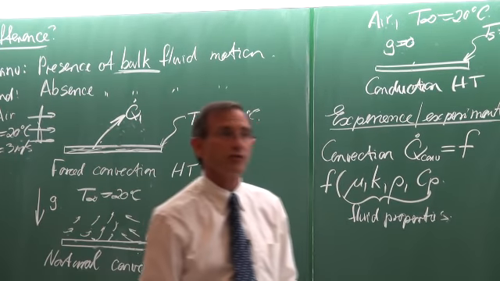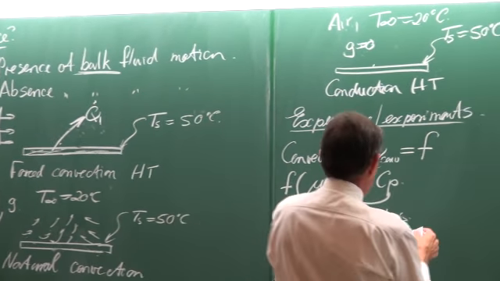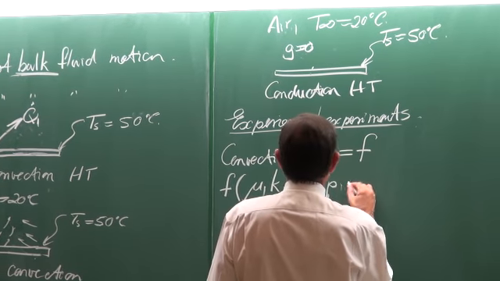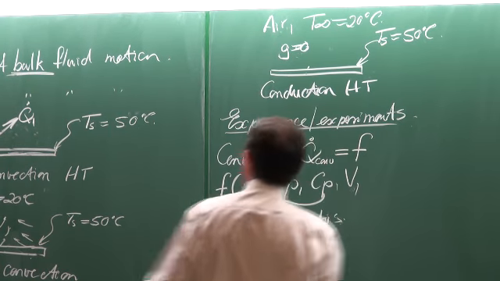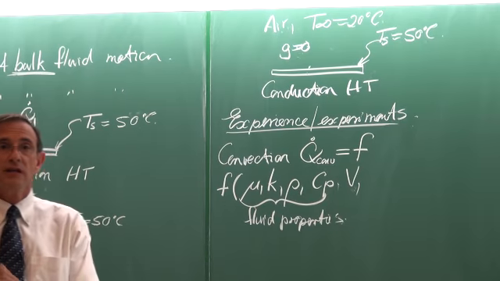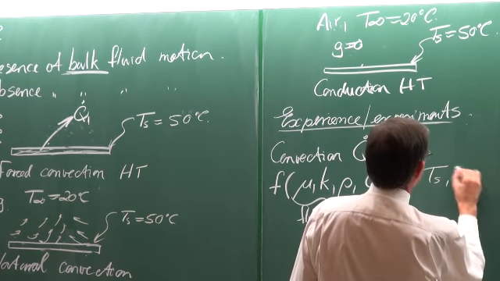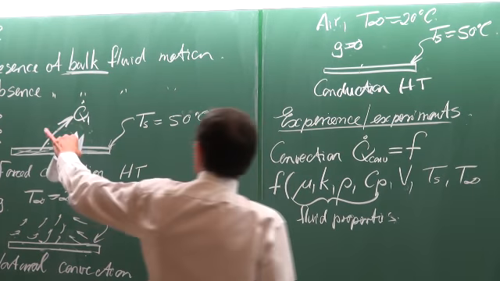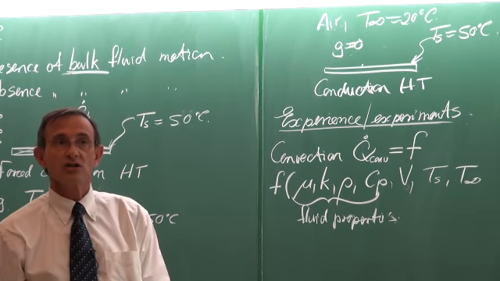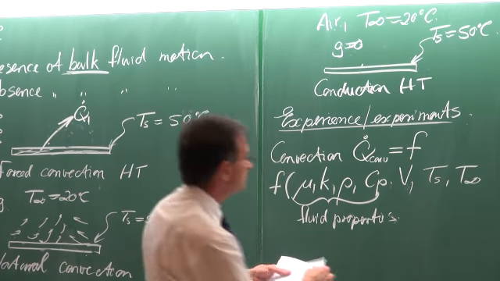So it has been found from experiments. Then also, we know that the velocity is a very important variable, the free stream velocity, and obviously the surface temperature and the free stream temperatures are also important.